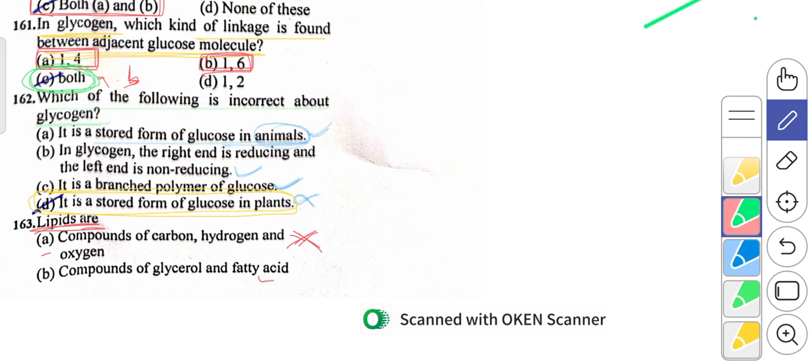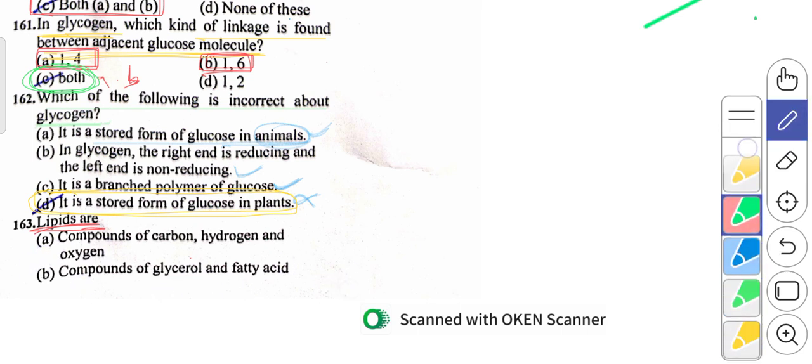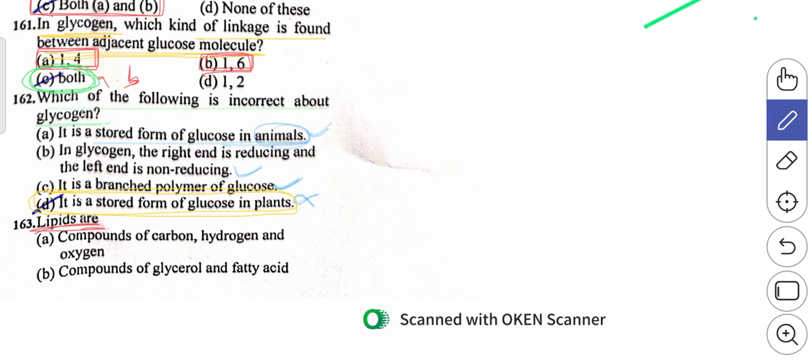Sorry, there is a mistake with this one. So again, I will come back with the same thing. What are lipids? Lipids are compounds of carbon, hydrogen, oxygen, because in a fatty acid and in a glycerol, we come across these molecules, that is carbon, hydrogen, oxygen. Another statement we can refer to here: all living organisms are formed from carbon, hydrogen and oxygen.